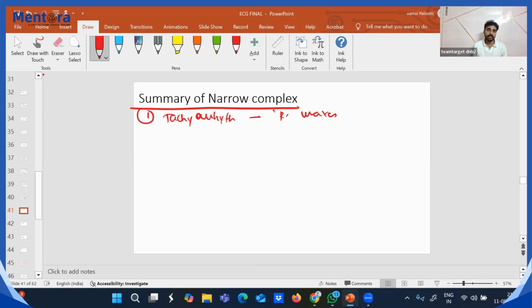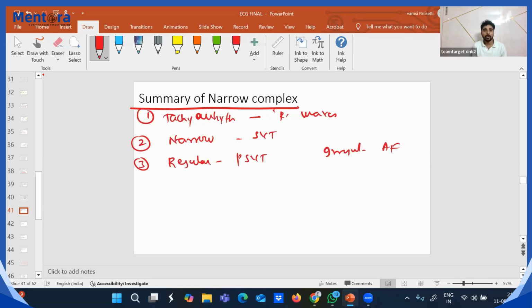The second thing you see is whether it is narrow, which indicates supraventricular tachyarrhythmias. Then you see whether it is regular or irregular. Regular indicates mostly PSVT, irregular indicates AF. AF, no issues, you can easily identify: irregularity is there, P waves are not there, narrow complex. AF, very happy, no issues at all.